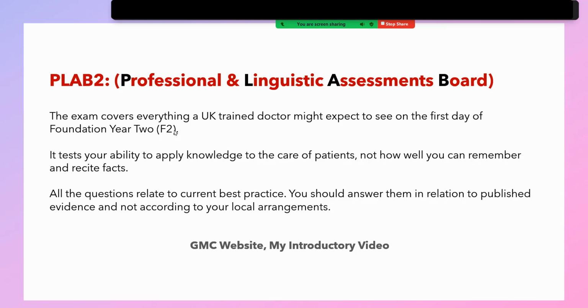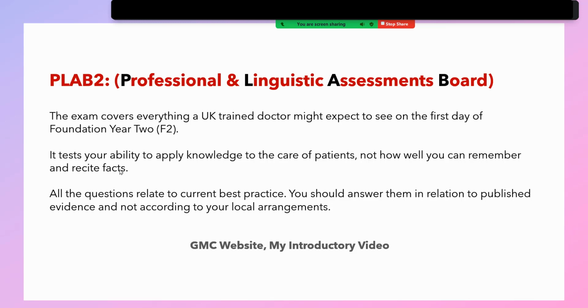That's why it is important to go to this exam. It tests your ability to apply knowledge to the care of patients, not how well you can remember and recite facts.